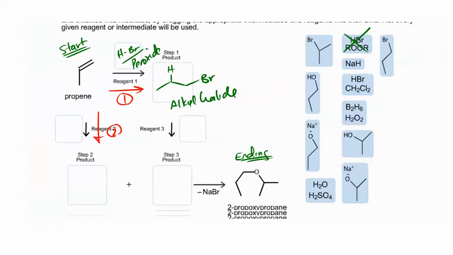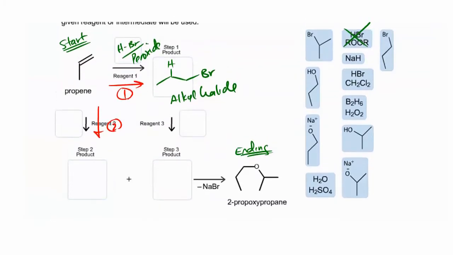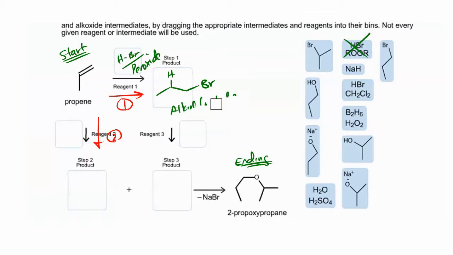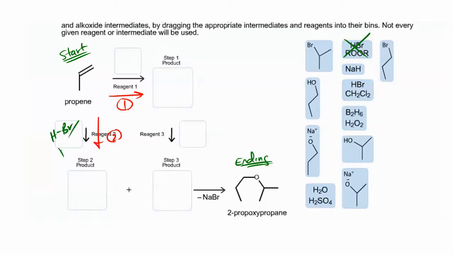Actually, no, this will not be right. It'll be on this pathway. Peroxide. We'll generate this here. So this is our alkyl halide.